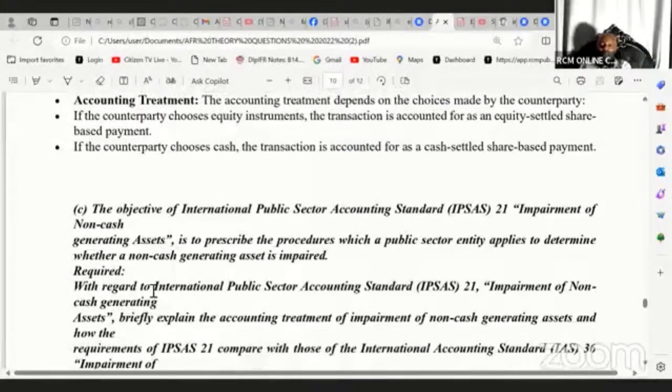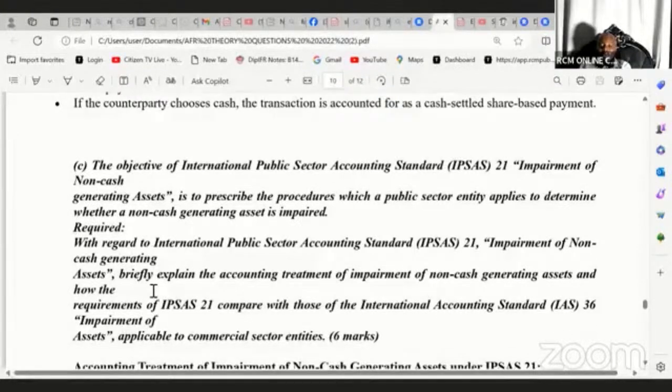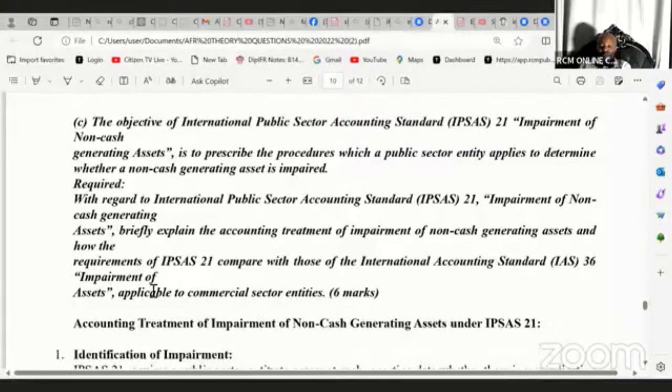Required. With regard to IPSAS 21, impairment of non-cash generating assets, briefly explain the accounting treatment of impairment of non-cash generating assets and how the requirements of IPSAS 21 compare with those of International Accounting Standard 36, impairment of assets, applicable to commercial sector entities.